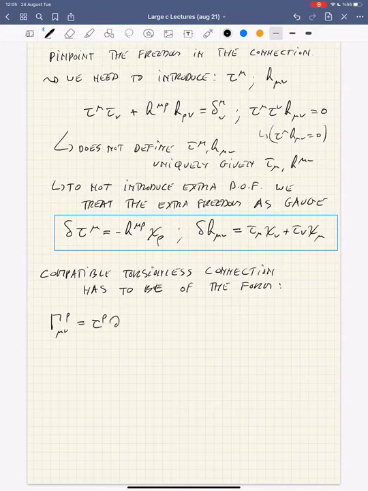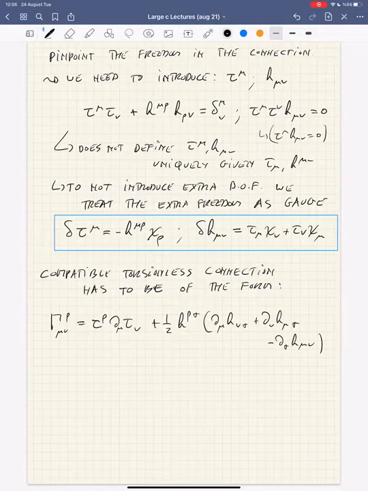It's going to be τ^ρ ∂_μ τ_ν plus 1/2 h^ρσ (∂_μ h_σν plus ∂_ν h_σμ minus ∂_σ h_μν). And then this would be completely fixed, but now an extra part, minus h^ρσ K_σν, where, and this is the arbitrariness, K_μν, which is an antisymmetric two-tensor, is arbitrary.